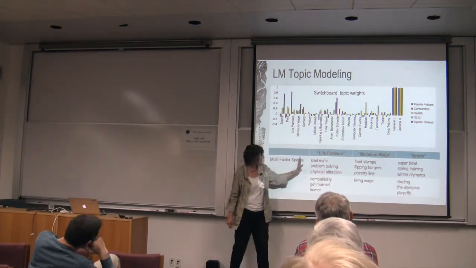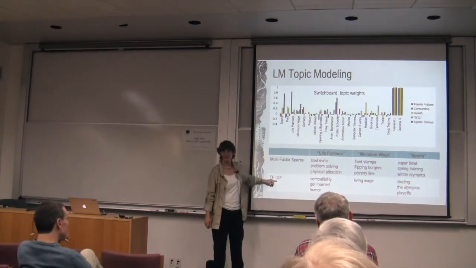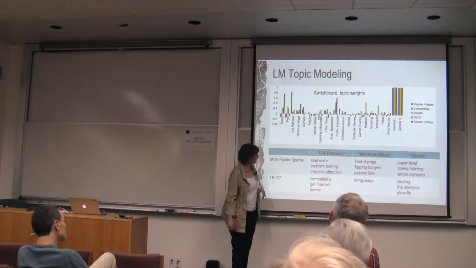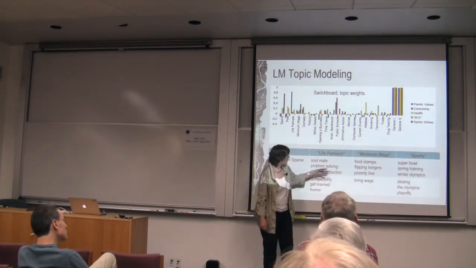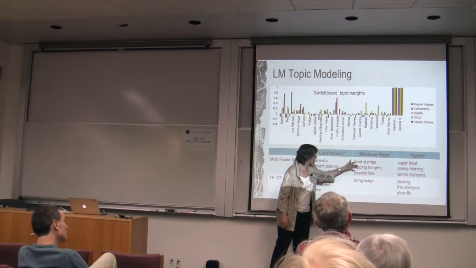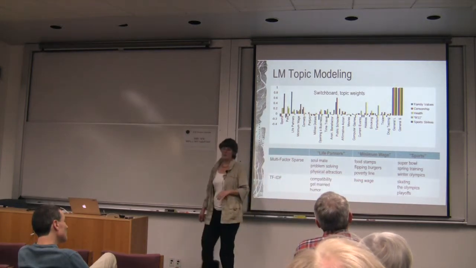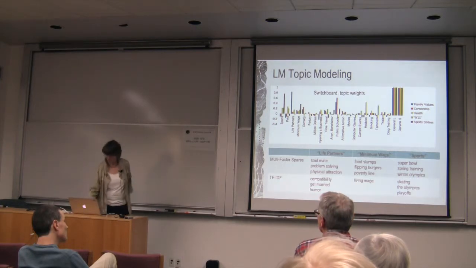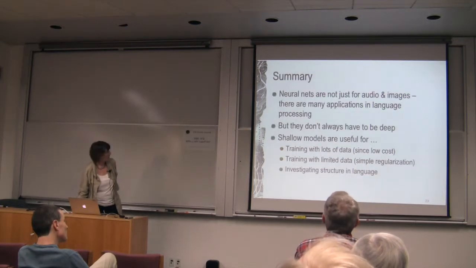But this is TF-IDF, which is actually better than other baselines we tried. So this was the best baseline of the things we tried. But for other topics, you get much more interesting things. So minimum wage, you get things like food stamps. So much more interesting data.